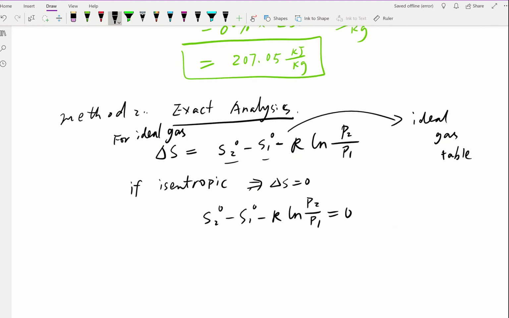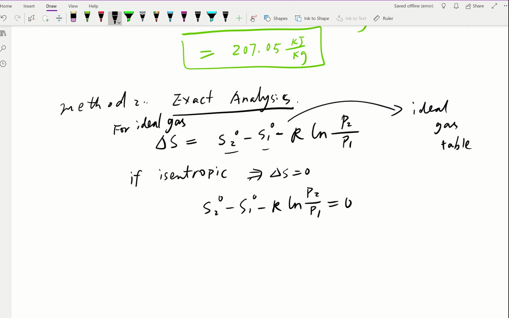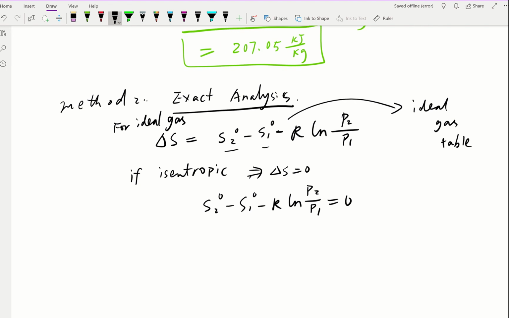And then we're going to introduce another concept. Because if we do our math first, we will have S2 naught minus S1 naught divided by R equal to natural log P2 over P1.